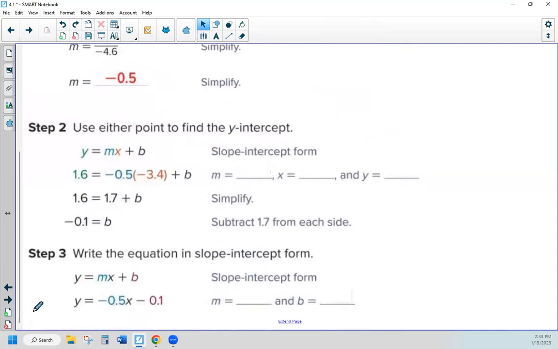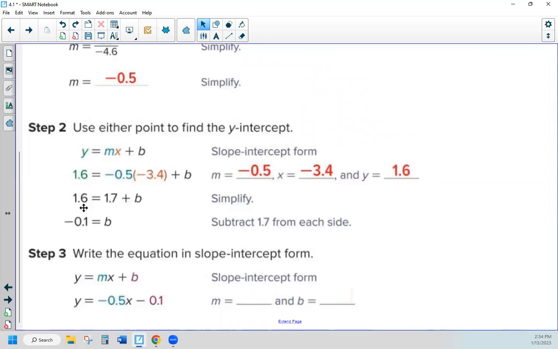Use either point. It doesn't matter which point you use. I proved it to you in the previous question. You can see here how they inputted these numbers. Our slope of negative 0.5, the x value of negative 3.4, and the y value of 1.6.